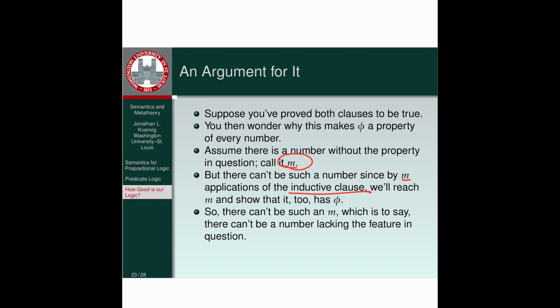By the time we get there, we'll have shown that the preceding number to m it holds for, and the inductive clause tells us that if we've shown it for one number, we can show it for the successor number, and that successor number is m. And so we will have shown that it too has phi. So there can't be such an m, which is to say there can't be a number lacking the feature in question. That's the argument for it.